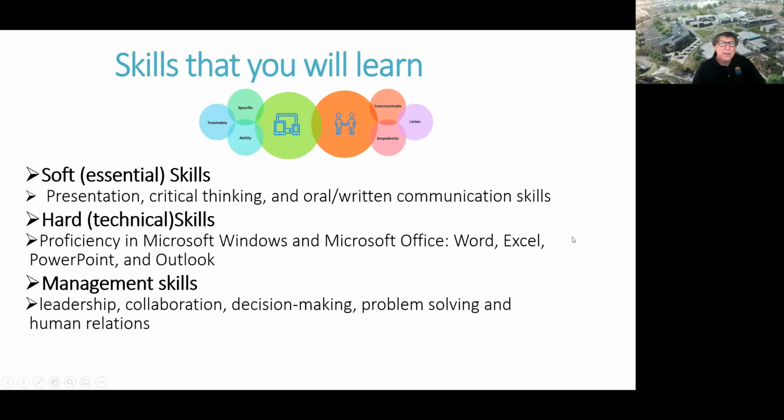Speaking of skills, Melody, would you like to talk about the skills that you'll learn in our courses and in our programs? Sure. One of the great things about the computer application classes is that they cross all disciplines and majors. Regardless of your major, regardless of the industry you want to work in, these are skills that employers are looking for.